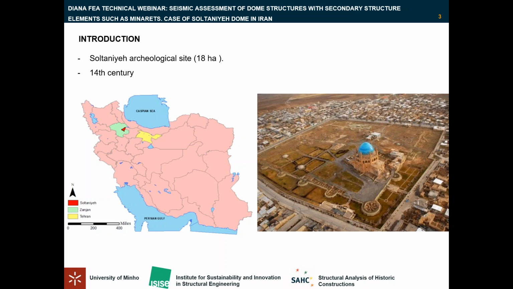Soltaniyeh represents an exceptional testimony to the history of the 13th and 14th century in Iran. Being centrally located, the structure stands out in the city as the sole remains of the ancient kingdom.